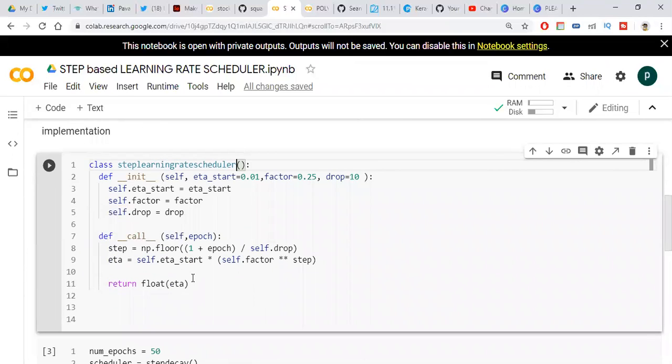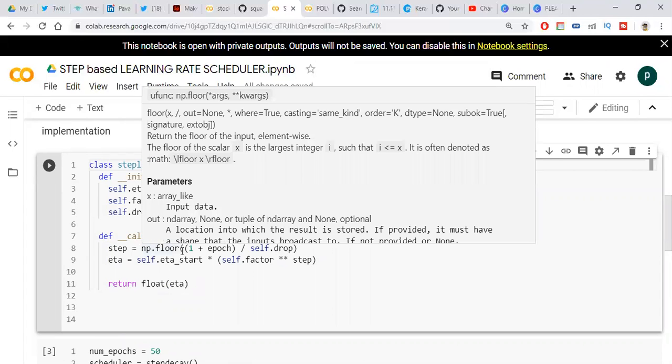What is the difference between np.floor and np.ceil? np.floor gives the lesser value, np.ceil gives the greater value. That's why you can take whichever you want.